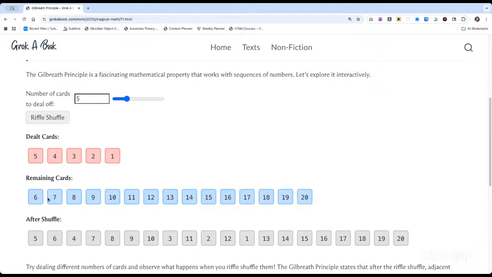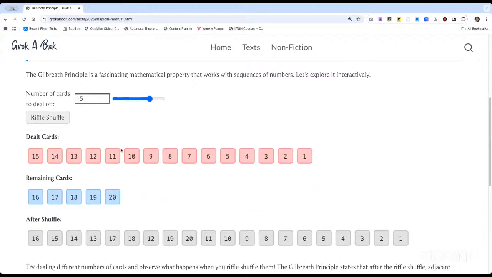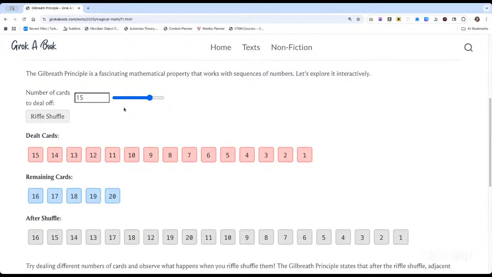For example, 6 will always follow 7, but here, when you have dealt off 15, I think 7 will follow 6. I think the order gets reversed. So I'm not sure that they are the same. No, they are not the same. So I'm not sure if there's a bijection between either side of n by 2.